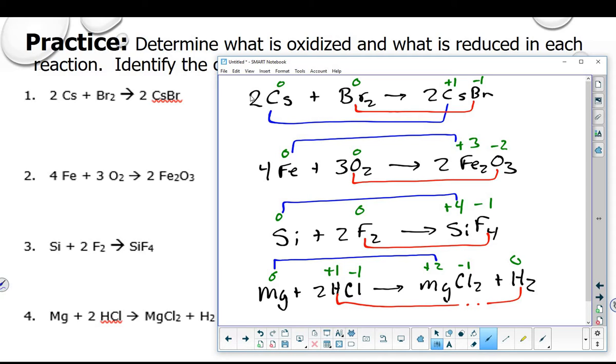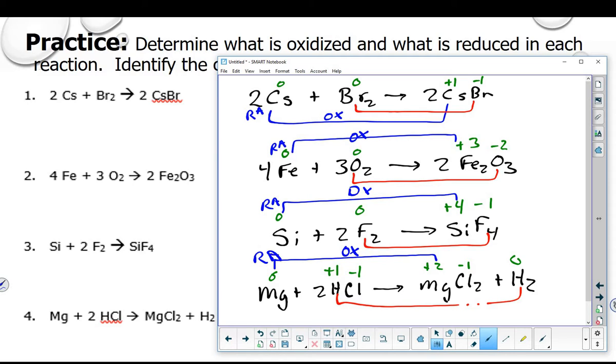Okay, so looking at these really quickly, cesium went plus, so that was oxidized, and it's the reducing agent, right? So all of my blues, I sort of color coordinated, are my oxidizing agents and oxidized being my reducing agents. So oxidized, my reducing agent. Oxidized, my reducing agent.